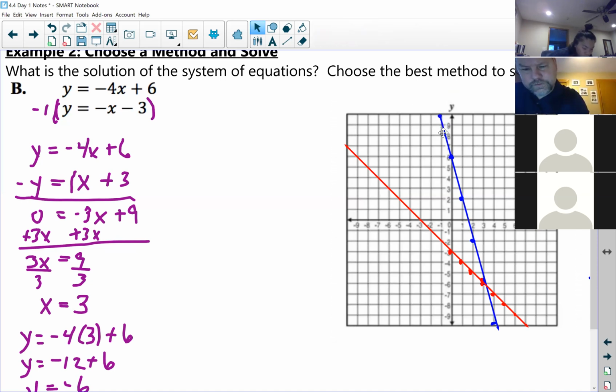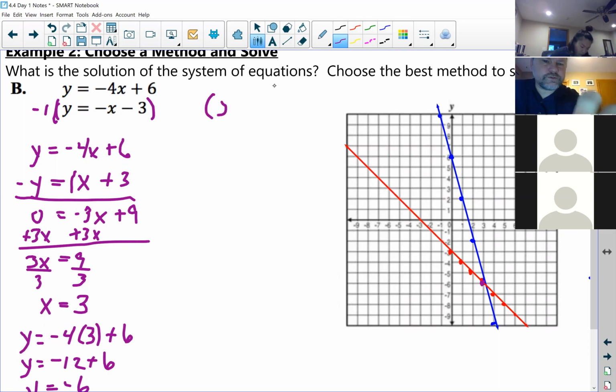Try to fix these graphs a little bit, and we can see the point of intersection appears to be down there at 3, -6.